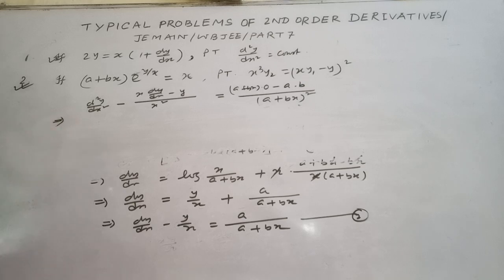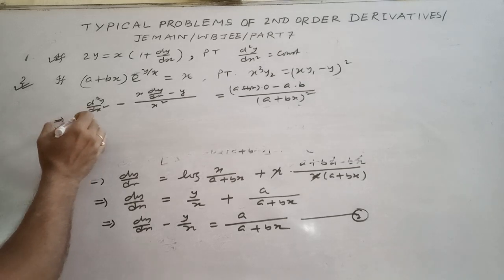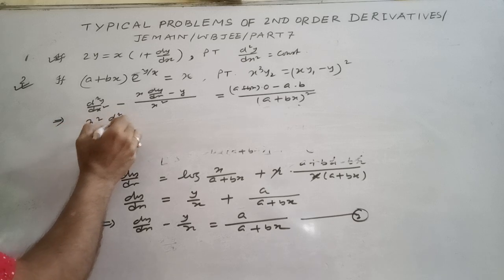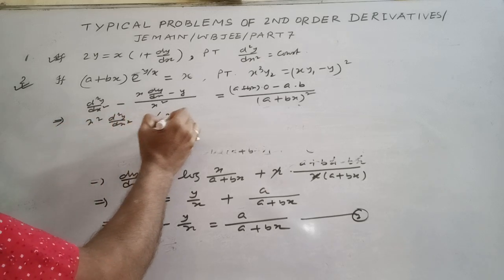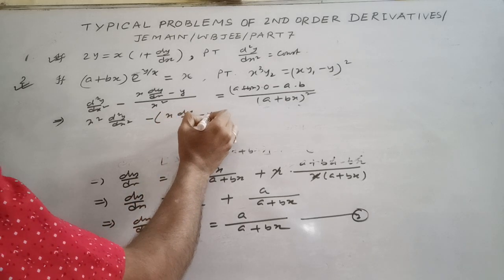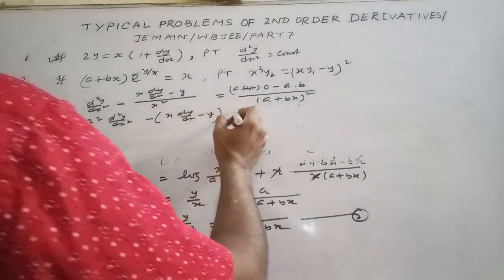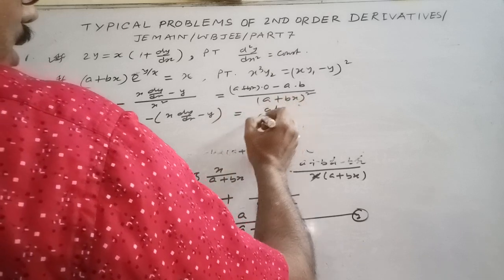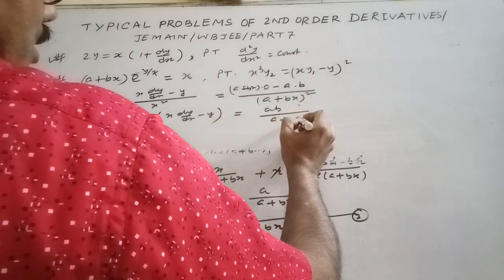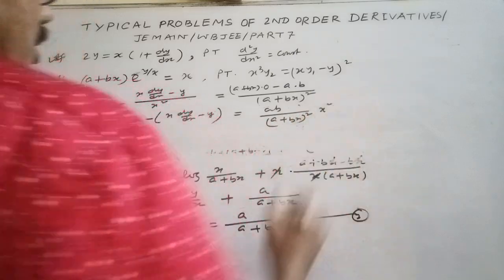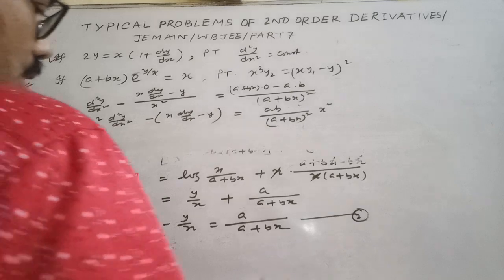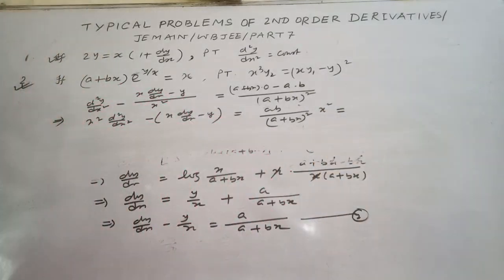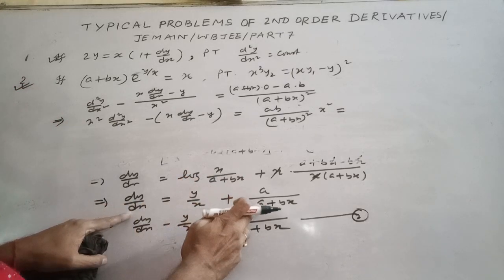So finally what you are getting: (x² d²y/dx² minus x dy/dx minus y) by x² equals that. So dy/dx minus y by x equals a by a plus bx.